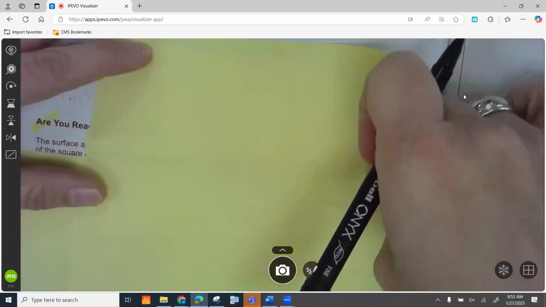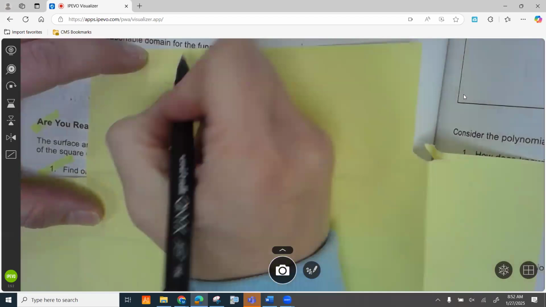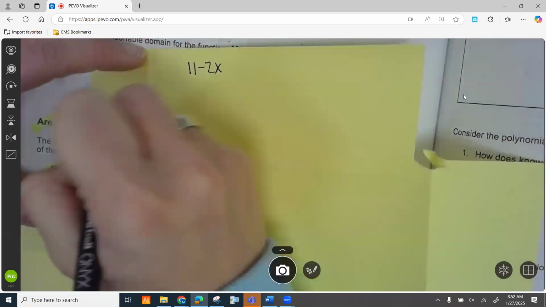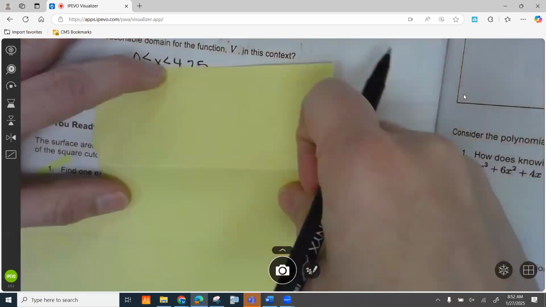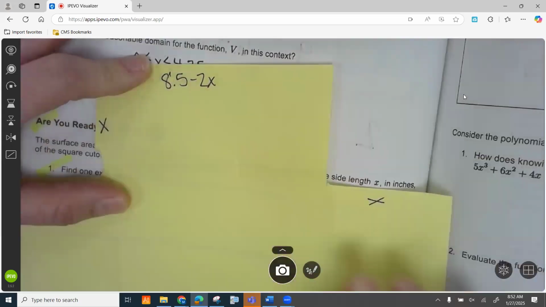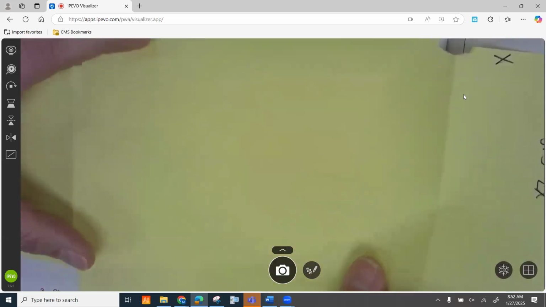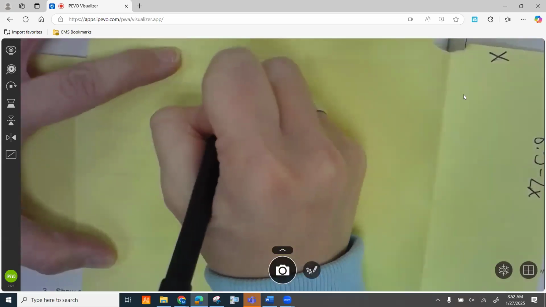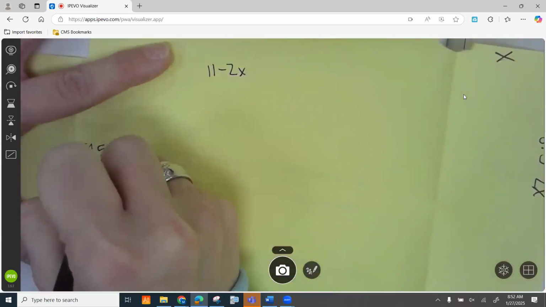This one is going to be the same as on the other side, 11 minus 2x, and that's x. And this is going to be the same thing on the other side, 8.5 minus 2x, and then the height is x. Now the base is 11 minus 2x by 8.5 minus 2x.